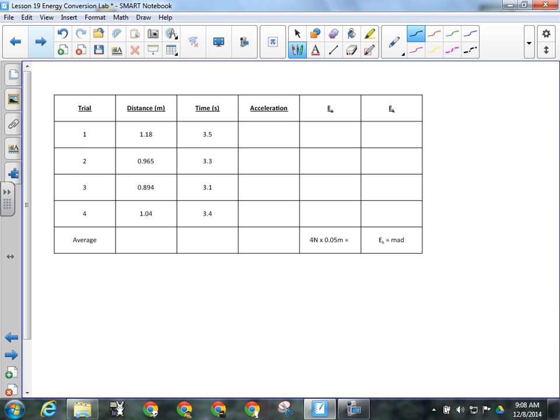The kinetic energy, you don't need to do it for each one, just use the averages down here. You'll have your average acceleration, mass times acceleration times distance, just do it once down in here. So these ones here, you can just cross off, maybe I'll put X's in them, but you won't have to fill those boxes in, you'll just have a final number there.